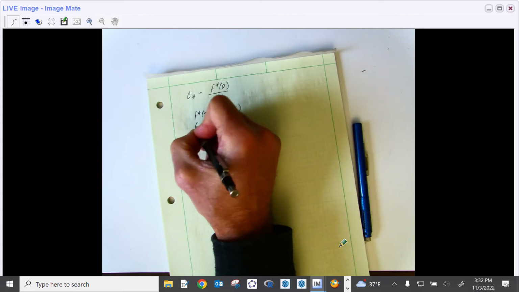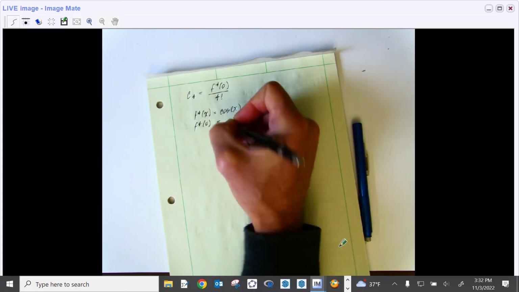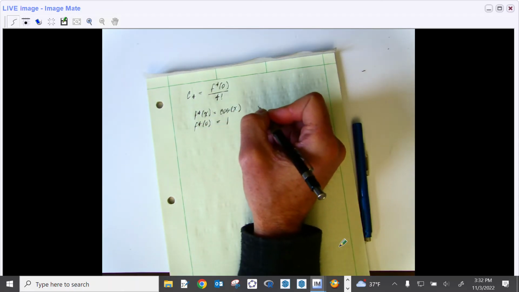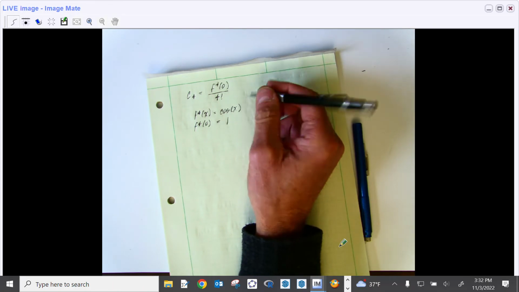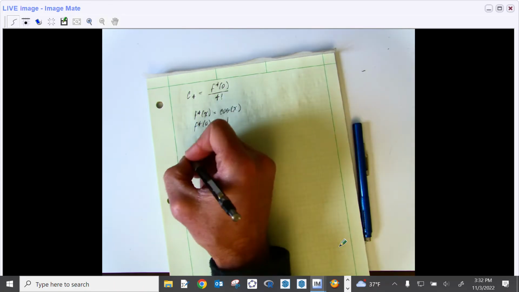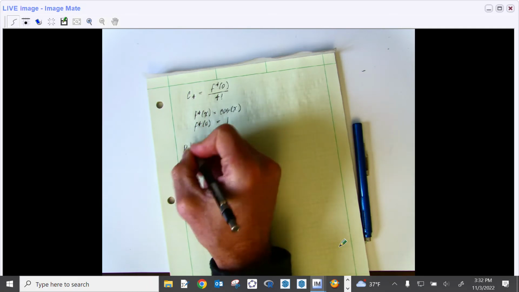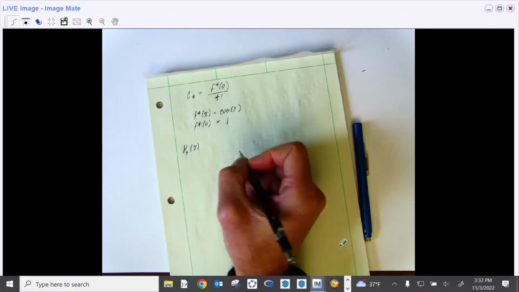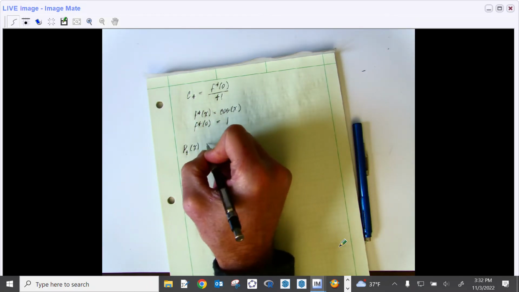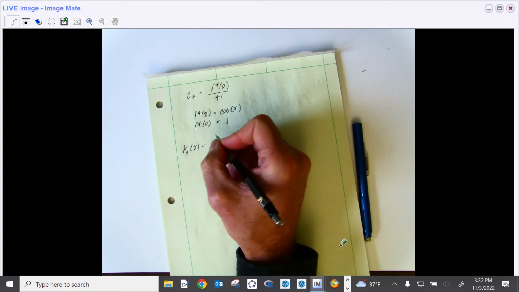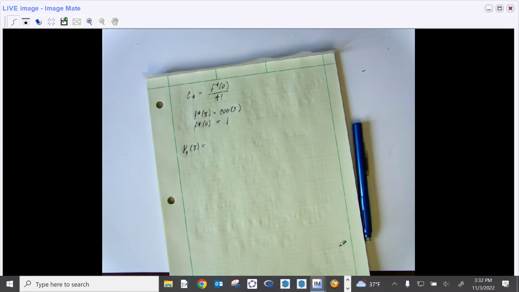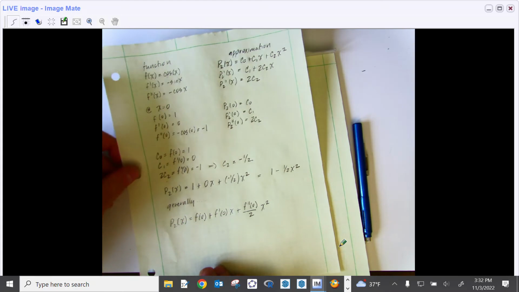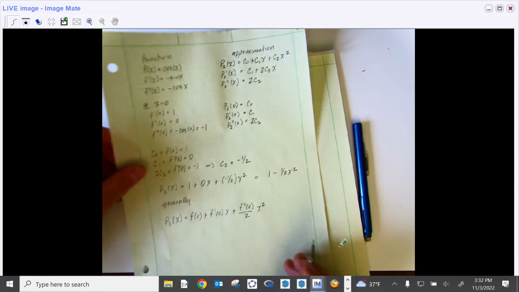So f sub 4 evaluated at 0 is going to be 1. And I guess 4 factorial is there, so that means that the Taylor polynomial, 4th degree, that approximates the cosine here is going to be the same one that we've seen so far, right?